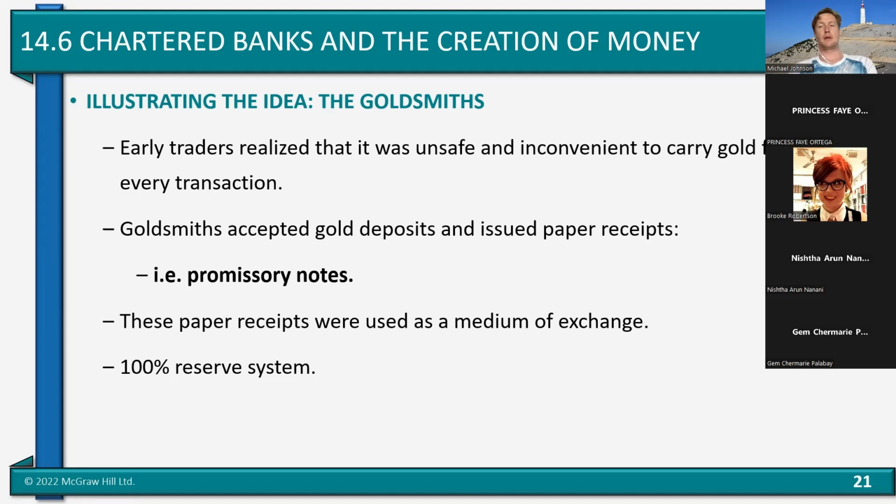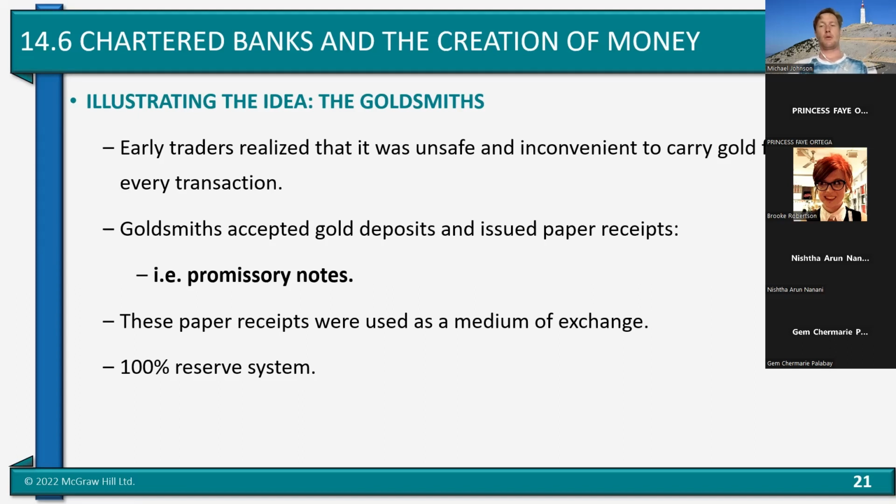So people stored their gold in the vault. The bank gave the people paper receipts as proof that they stored their gold in the vaults.